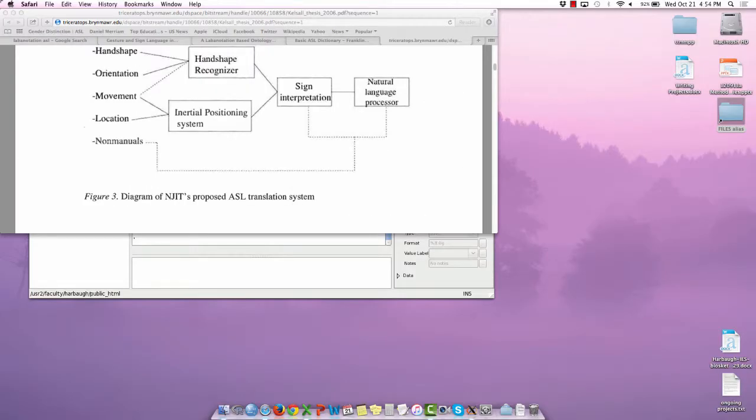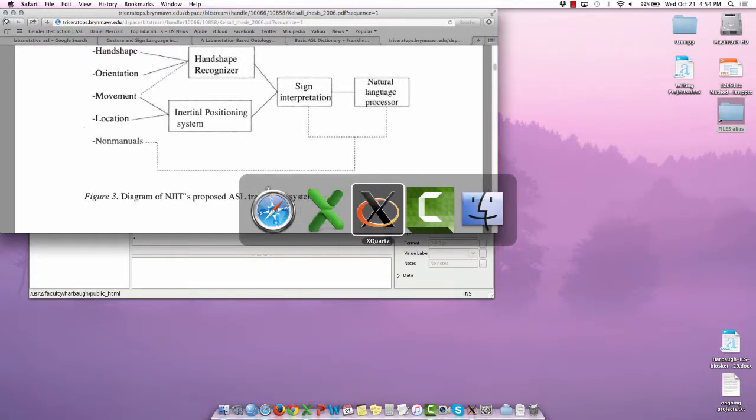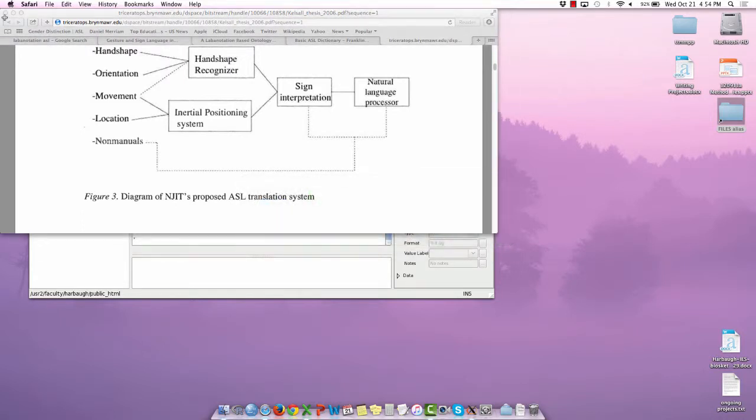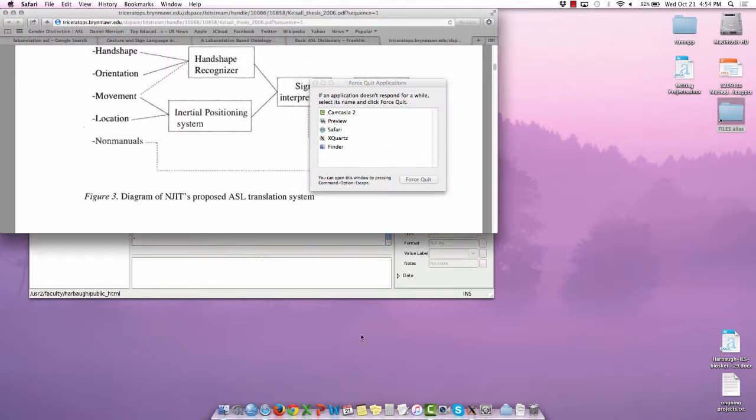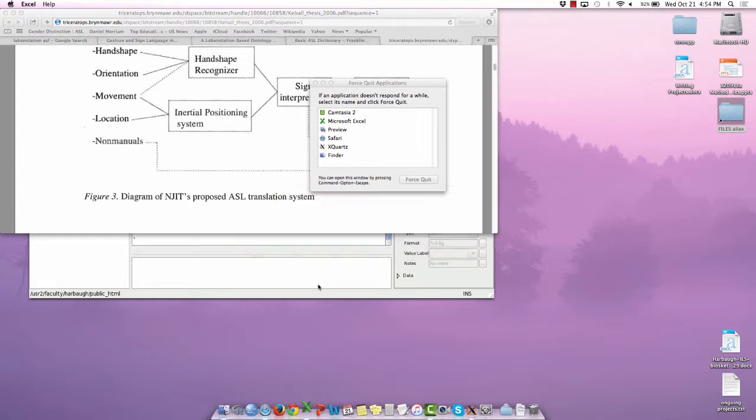Let me zoom back out because something strange is happening. I didn't really want to force quit, but I had no choice.